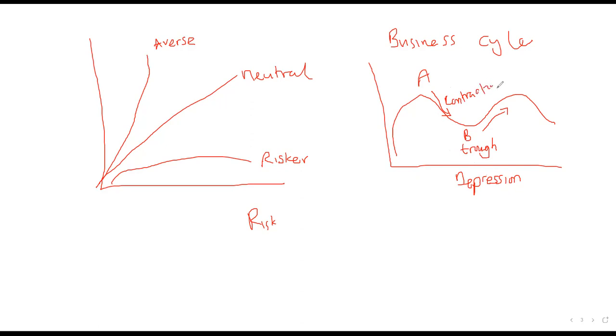The upward movement here is called the expansionary phase, where the economy is now expanding until it goes back to point number C, which is now the peak. So these economies are in fluctuations that all economies will experience. You may not live in one state of nature for a long time.